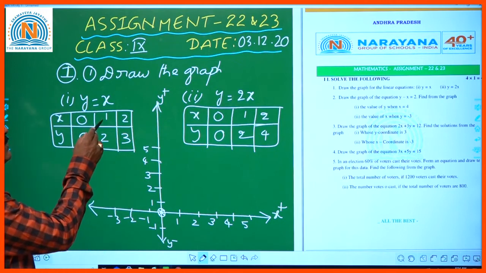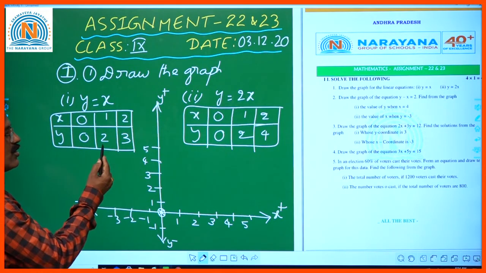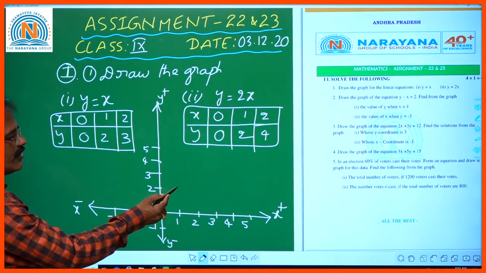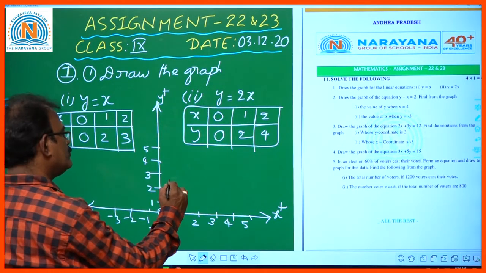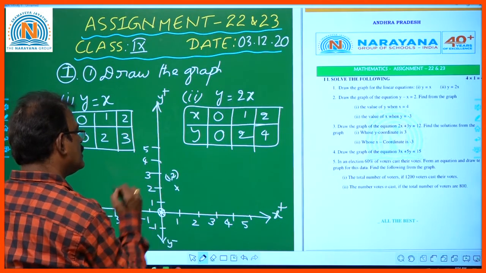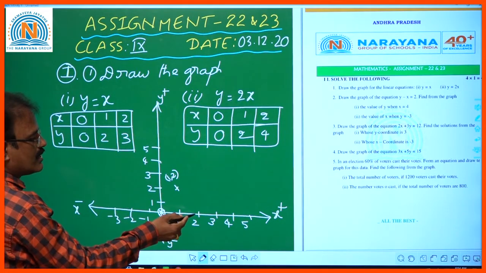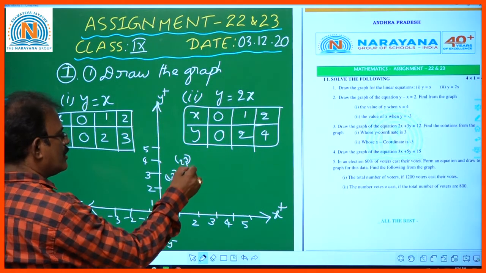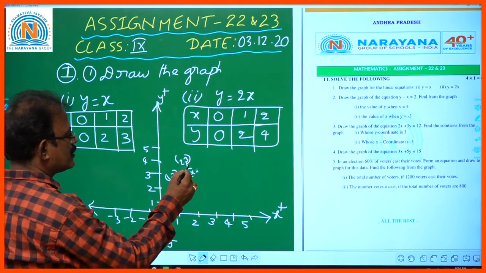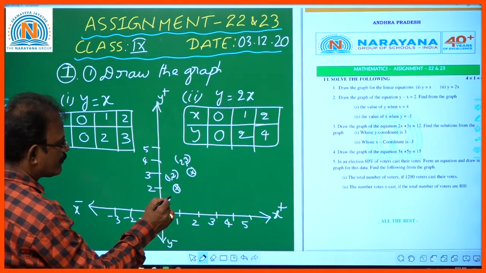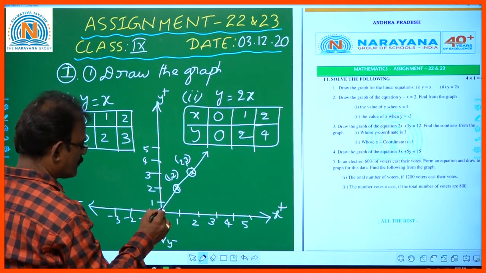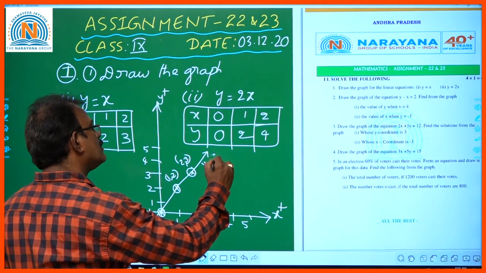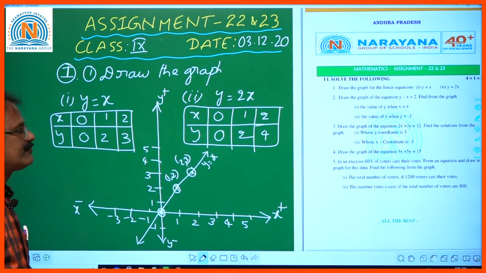Now consider 1 on the x-axis. Next y is 2, which means move plus 2, upward 2 units. This is 1 comma 2. And when x is equal to 2, y is equal to 3 here. Now draw the straight line passing through these 3.